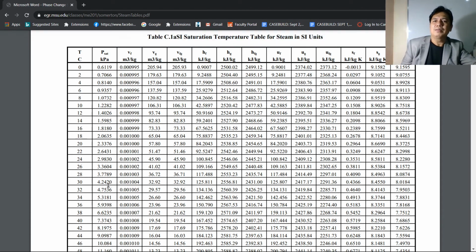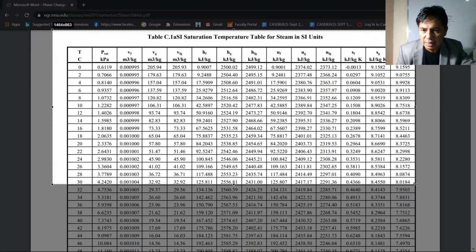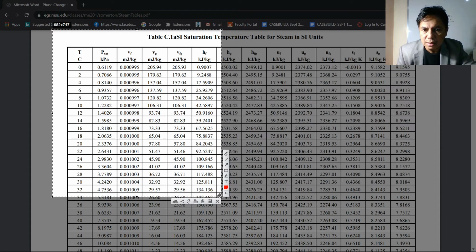So if you have this temperature, then you will have a saturated pressure of 4.24. Yeah, pressure. So let me capture this so that we will have kind of evidence, right? Let me cut this, because it's only HF. HG we will get at 100. Why 100?